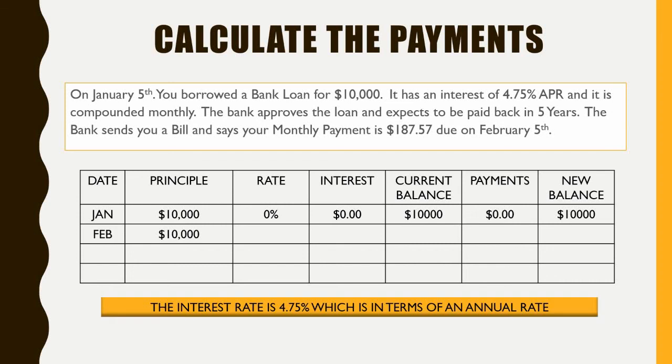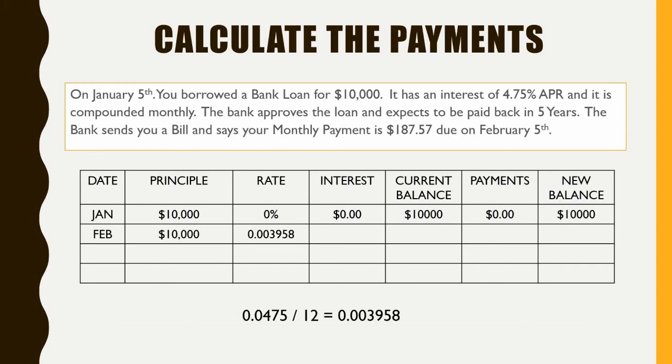So in this case, how I'm going to calculate this is my principal, the amount that I owe, is $10,000. This rate right here is basically my 4.75% divided by 12 because I'm only making monthly payments. I'm only getting charged interest for that month.